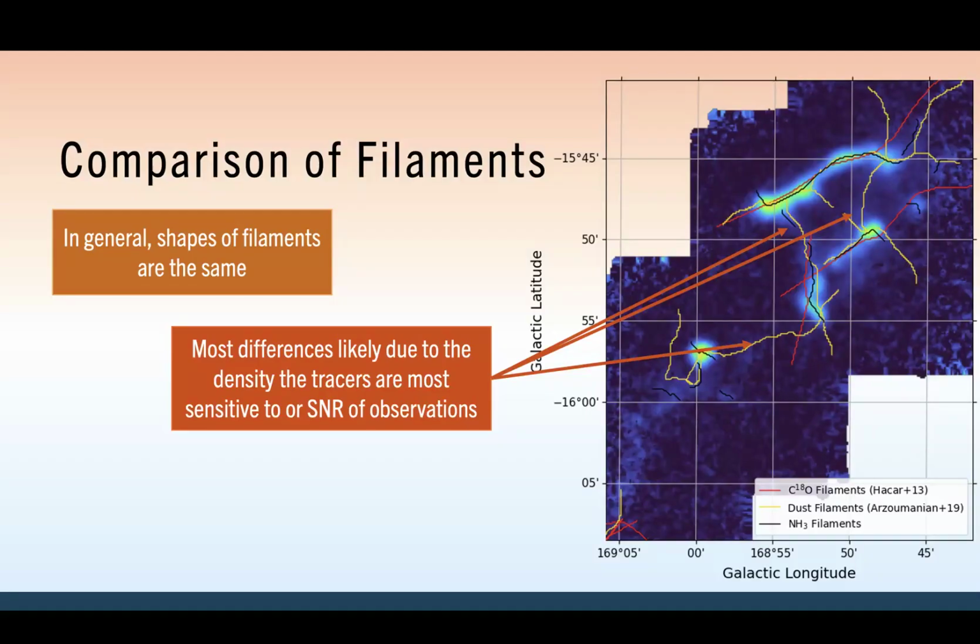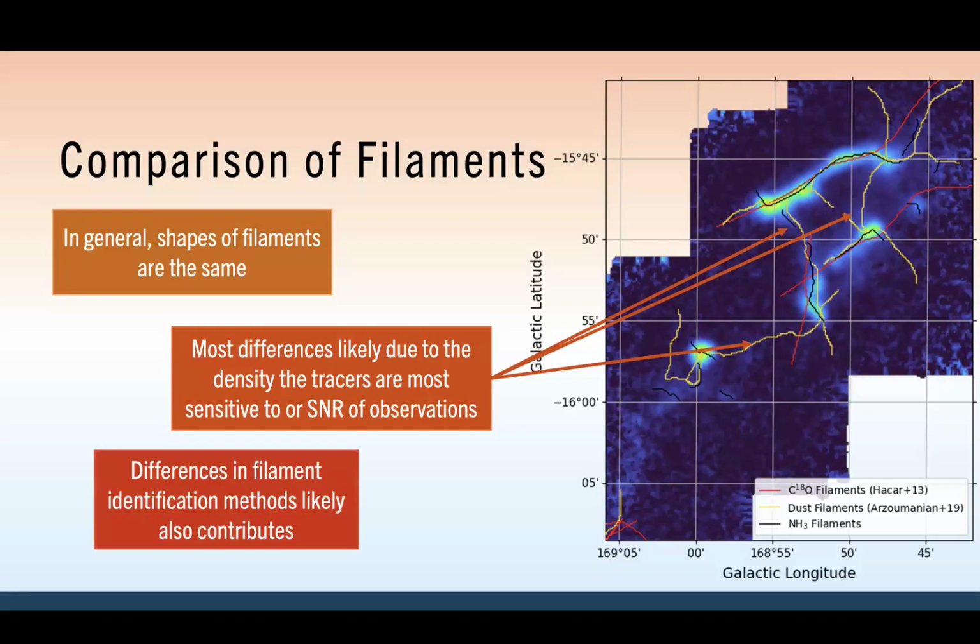And we see that in some of the tracers, mostly the dust, we fully connect this vertical filament, where in the gas that doesn't necessarily happen. Some of these differences, though, could be due to the different methods used to identify each filament. As I mentioned, each one of these types of filaments was identified through a different method and through different codes.